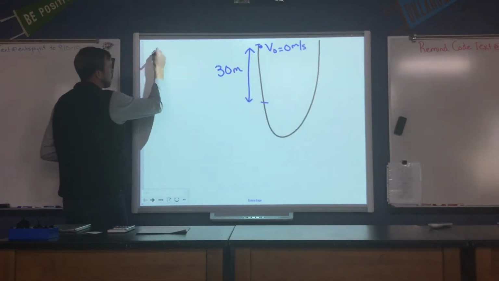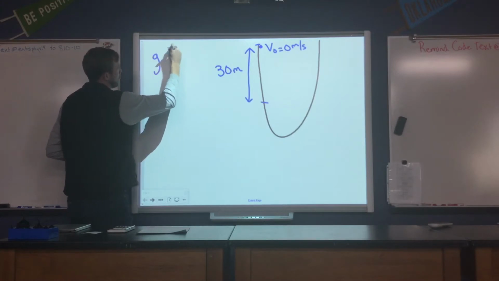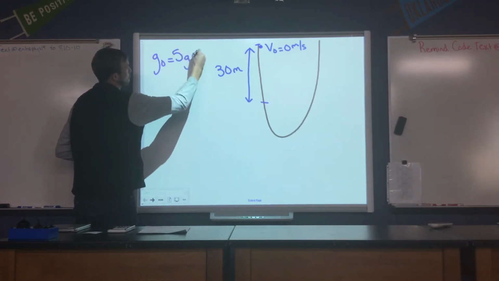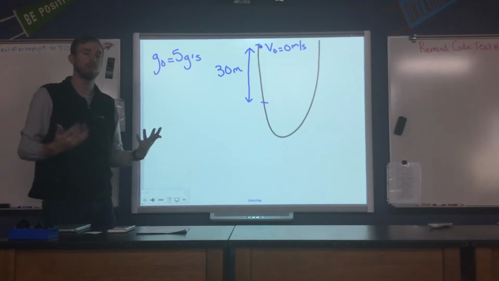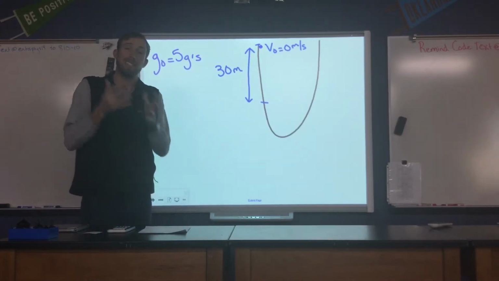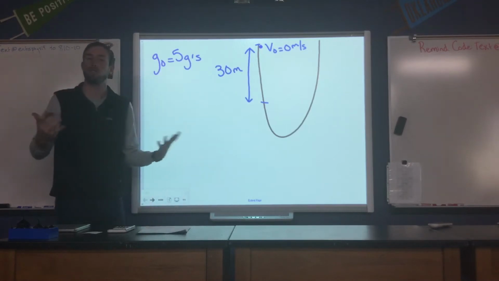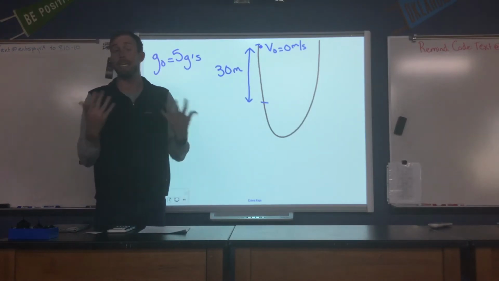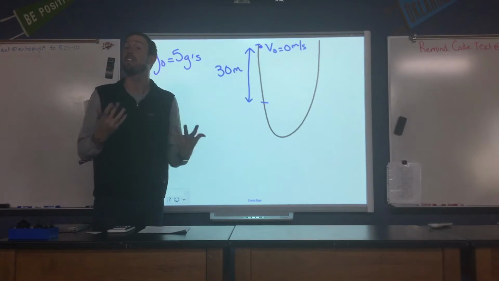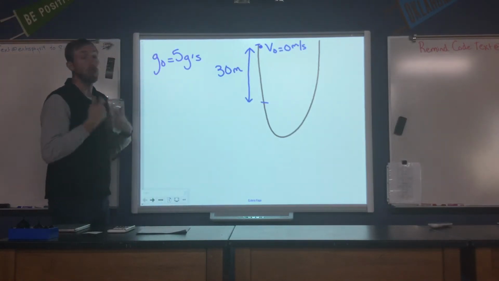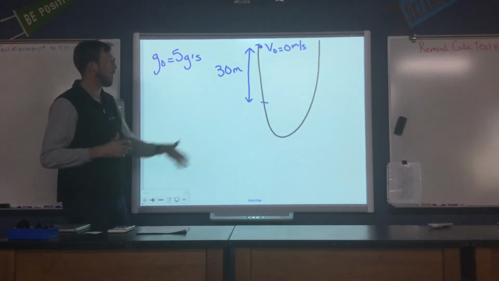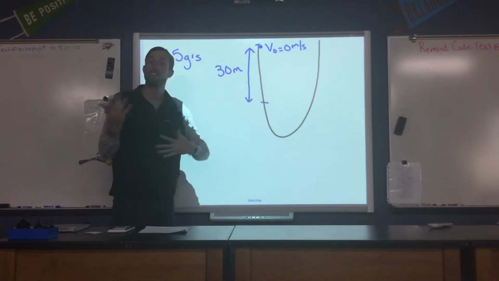We're told that the maximum amount of g-force that the riders are allowed to be subjected to is about 5 Gs. Realistically, people maybe could withstand slightly more than that, but given that this is a ride for an average person, we probably don't want to be subjecting them to anything that's unsafe. And so what we're looking for here really is to figure out, is the design that we propose safe or unsafe?